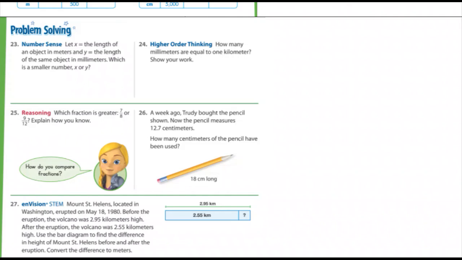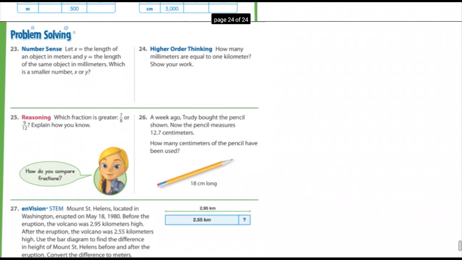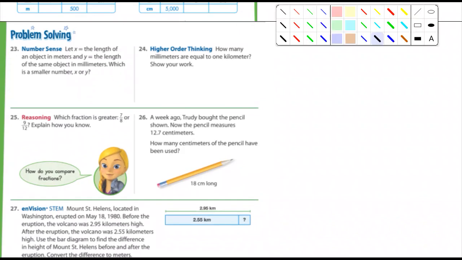Well, let's just think of an object that's 2 meters long. Let's say a man is 2 meters tall. How many millimeters would that be? So which number is larger, the 2 or what goes here? Think of it that way.